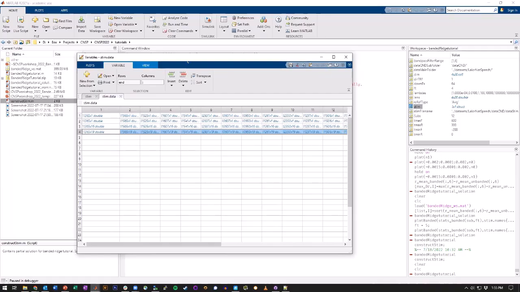So I want you to construct a couple of models here. At least construct an EO model, so envelope plus word onset model, and an SF model, a spectrogram and phonetic feature model.